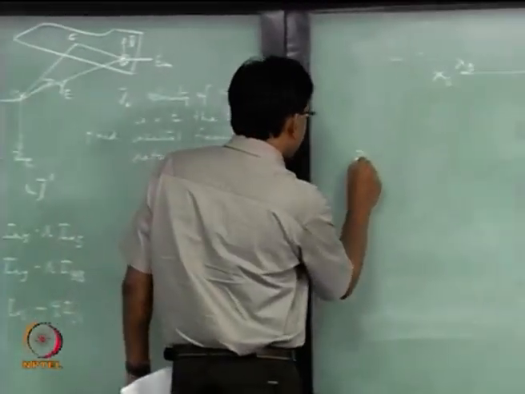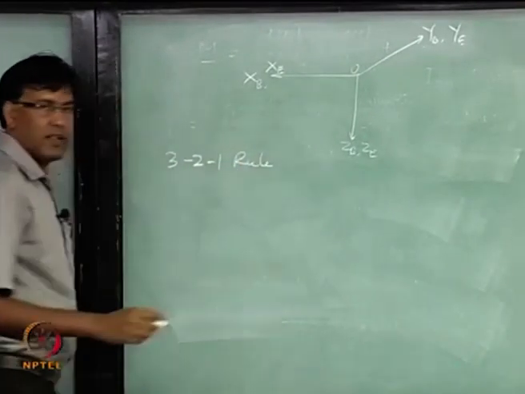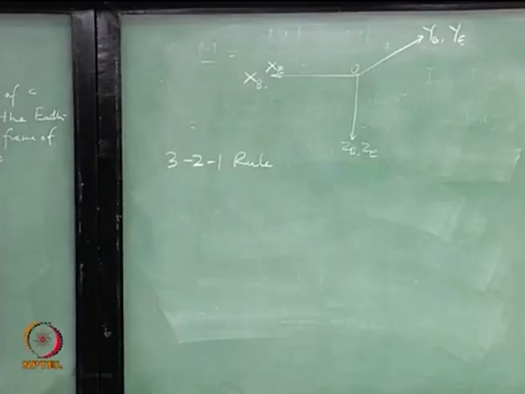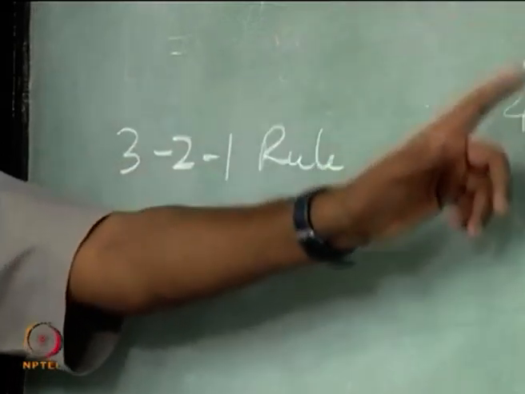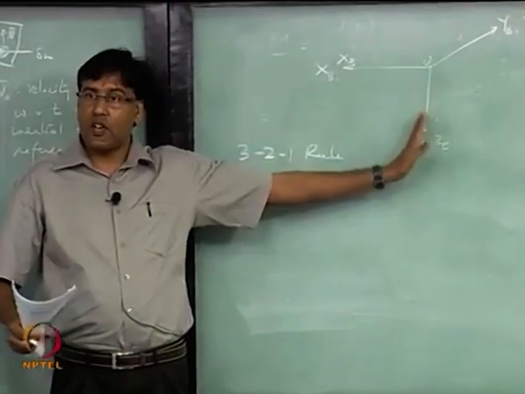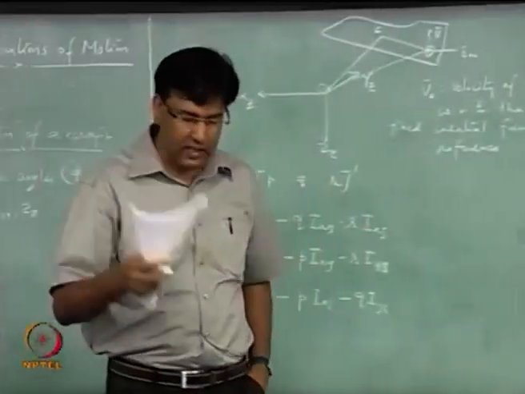So, 3 is the first rotation about the z axis, and this z axis at this time is coinciding with the body fixed z axis, the earth fixed z axis, right.